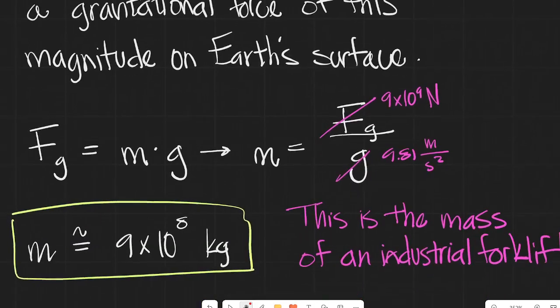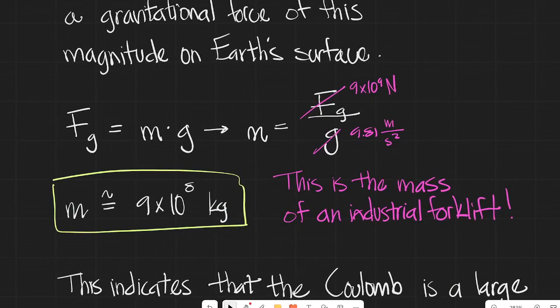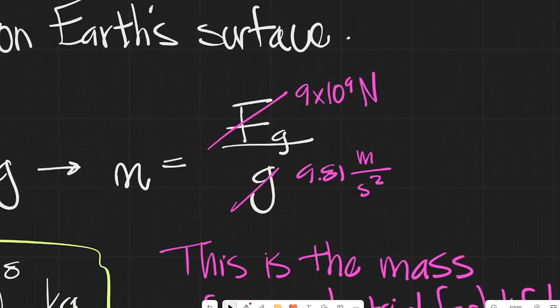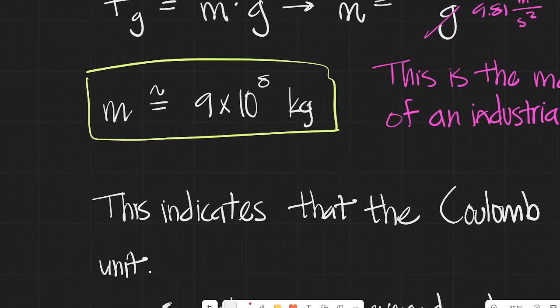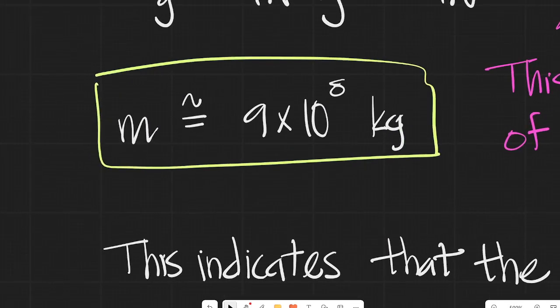So when we plug those values in after flipping it around algebraically, we get the mass is equal to the force that we got in the previous calculation, now substituted in for the gravitational force, divided by the acceleration of gravity on Earth, and we get 9 times 10 to the 8 kilograms.